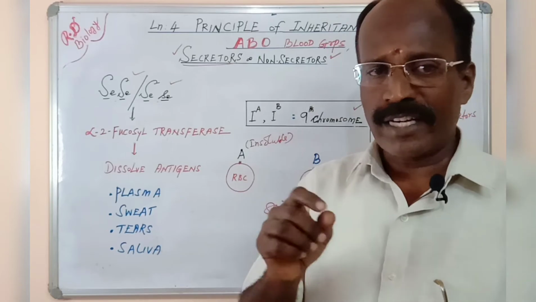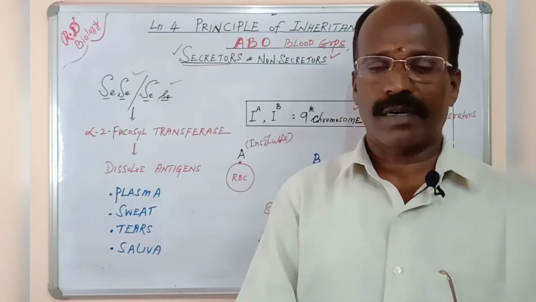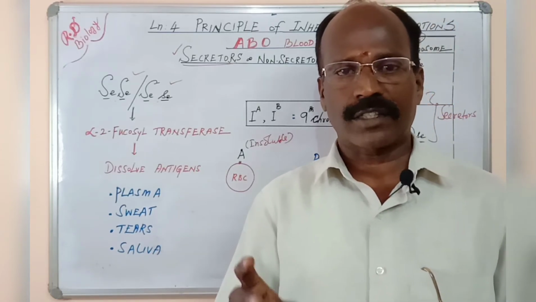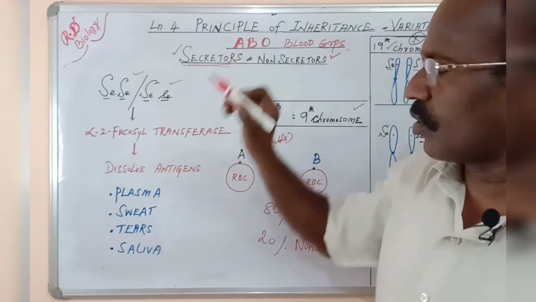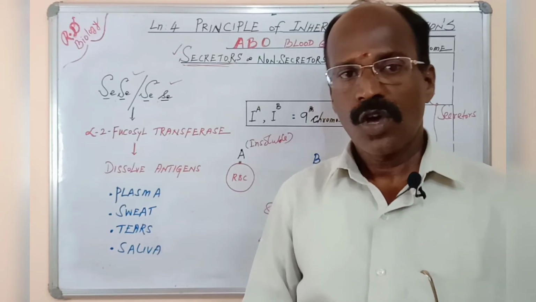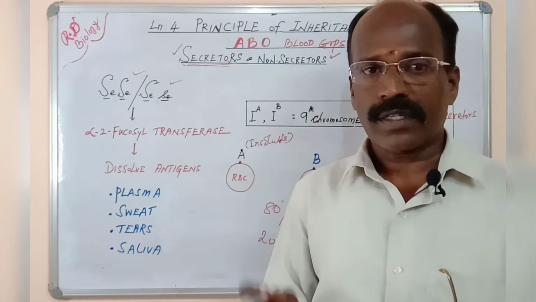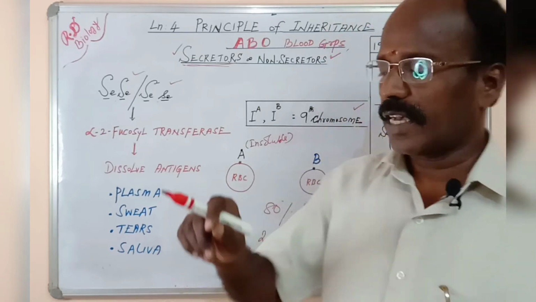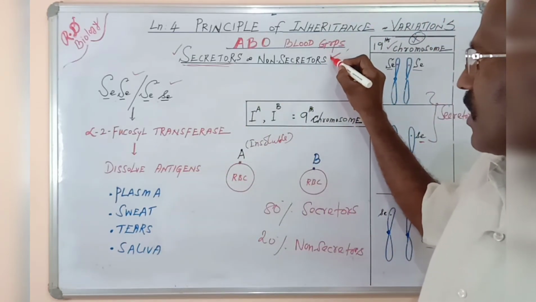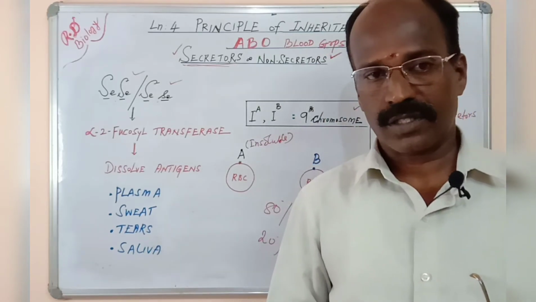If these antigens are made soluble and available in the plasma and other secretions, they are called secretors. Those who do not have these soluble antigens in the plasma are designated as non-secretors.